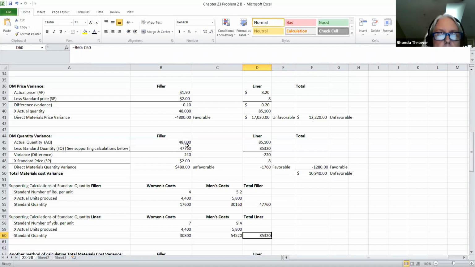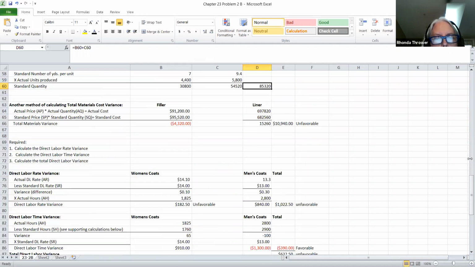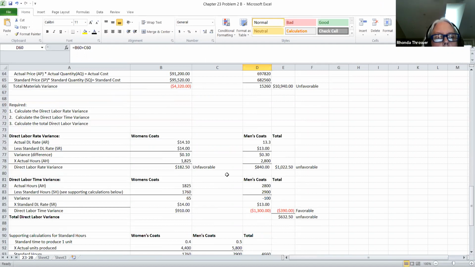Or maybe there was just a miscalculation. Whatever, you need to figure out what the difference is so that it will help you to direct your operations in the future. So with the price variance, we would go to the purchasing department. With the quantity variances, we go back to our production department to see what was going on. With our time variances, we would go back to the production department and analyze those.